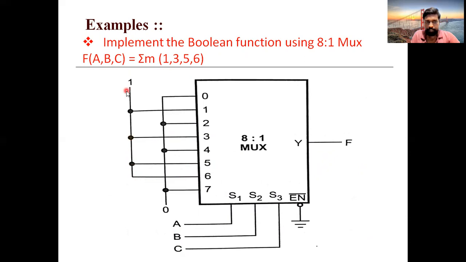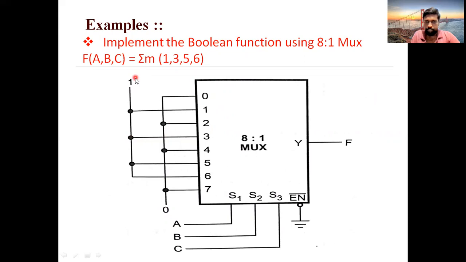All these are linked with 1. The remaining, 0, 2, 4, 7, you can either leave as they are or connect with 0. No problem, but remember that the asked numbers should be tied up with 1 as it is SOP.